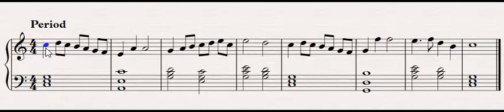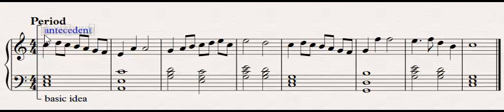Okay, so the basic idea in this case is this. That music there. And that's what we're going to label it. Basic idea. And we're also going to put a bracket at the beginning to show, oops, sorry, basic idea needs to go underneath. And this is the antecedent.